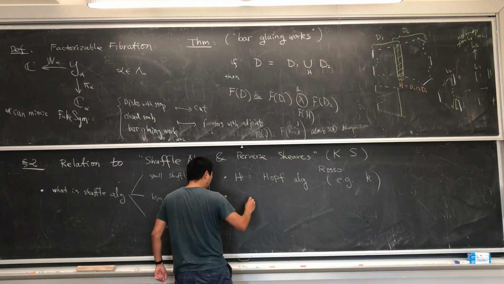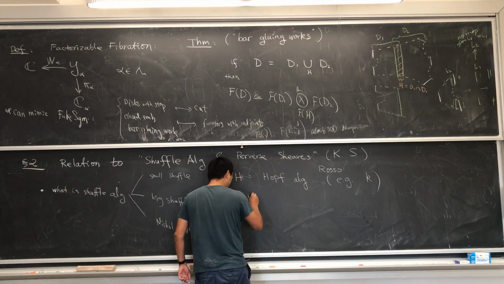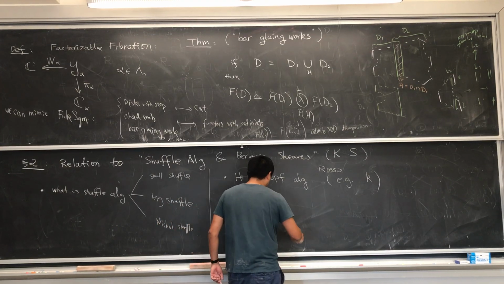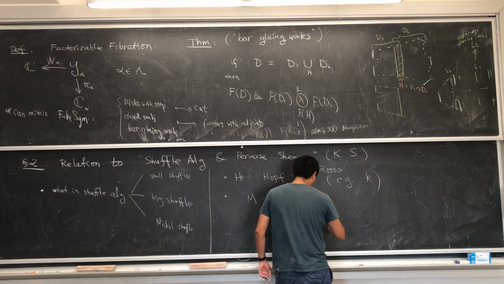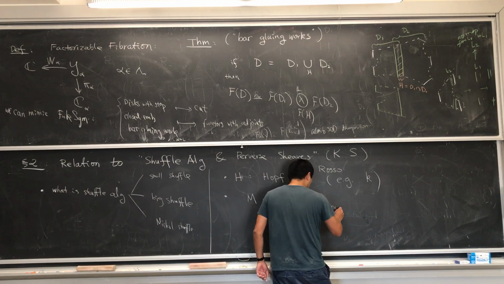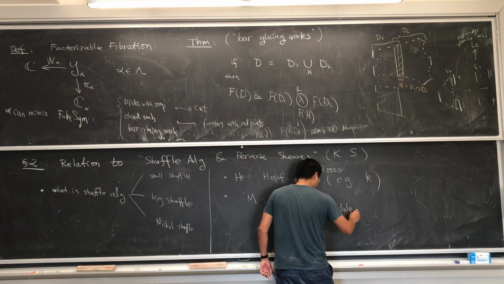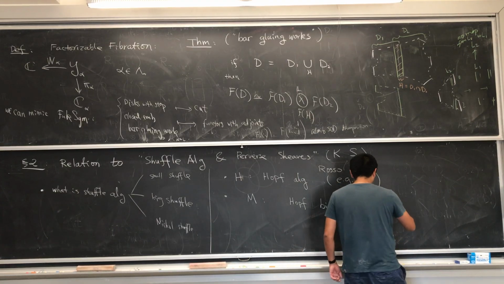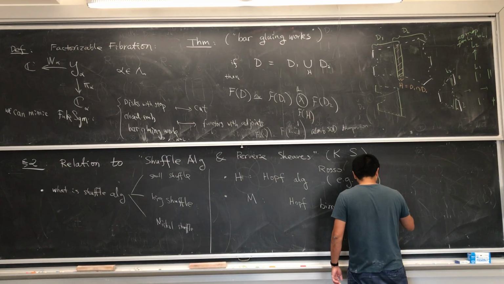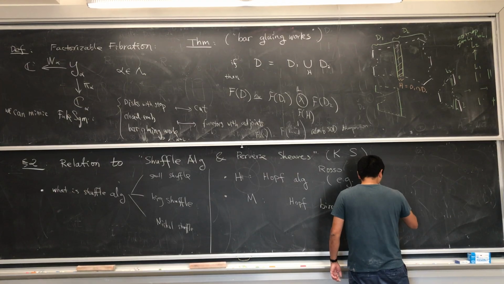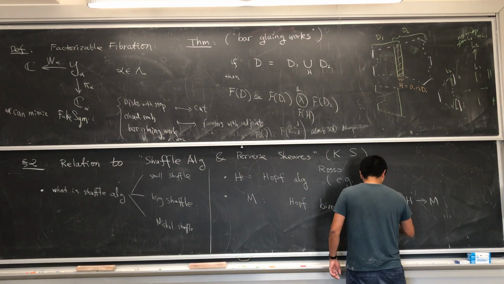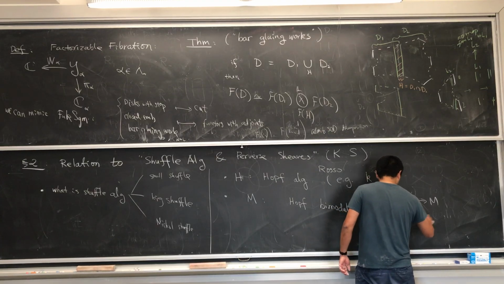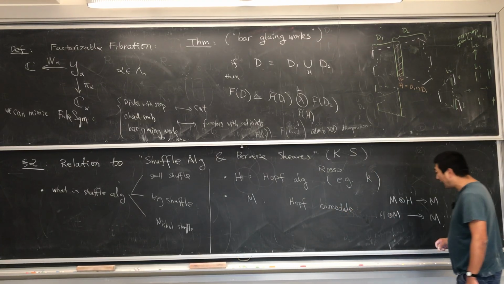And suppose you are given M, which is a Hopf bimodule. A Hopf bimodule means you have an action from the right, an action from the left, and a co-action.